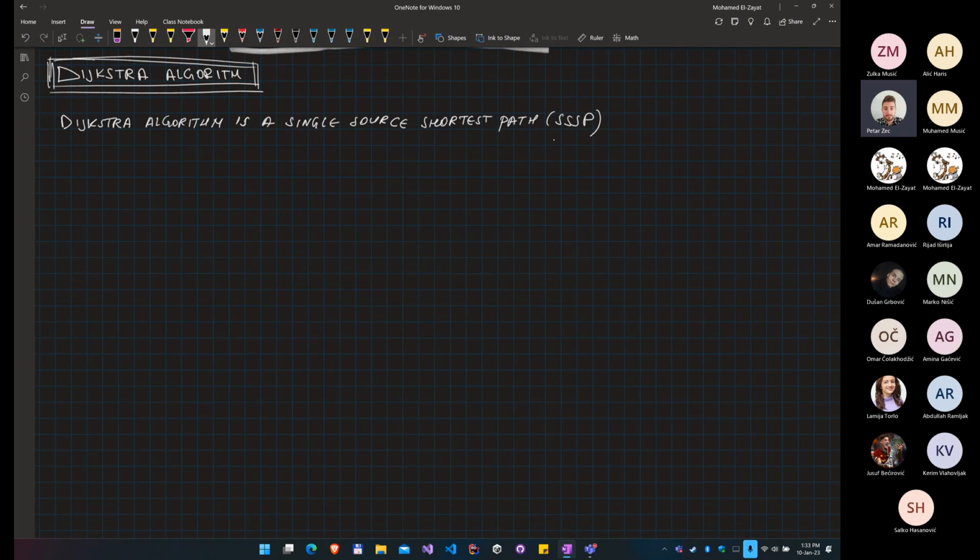And literally, if you look on the internet and you find single source shortest path, people will just write it SSSP. Algorithm.